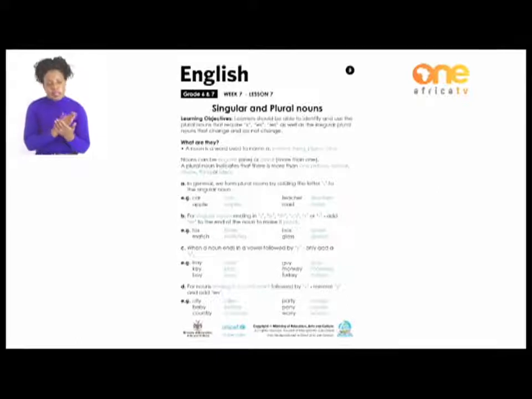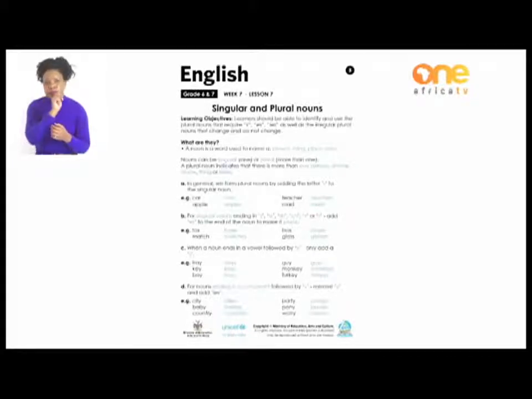What are plural nouns? A noun is a word used to name a person, a thing, a place, or idea. Nouns can be singular, one, or plural, more than one. A plural noun indicates that there is more than one person, animal, place, thing, or idea.